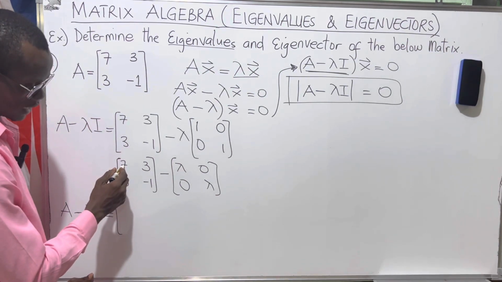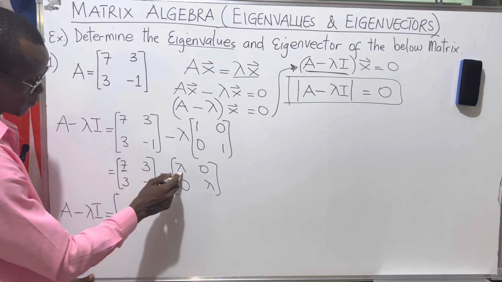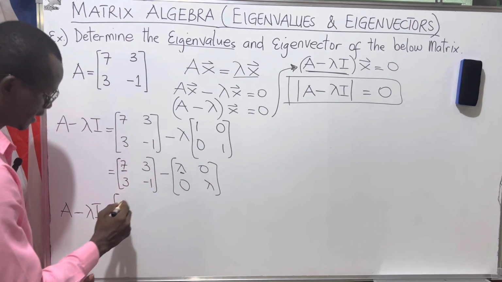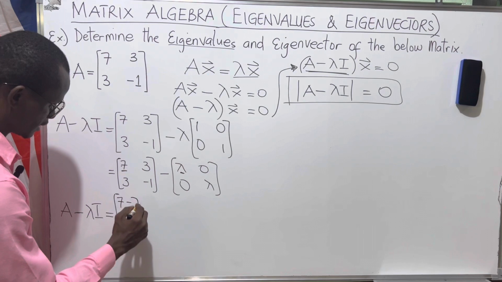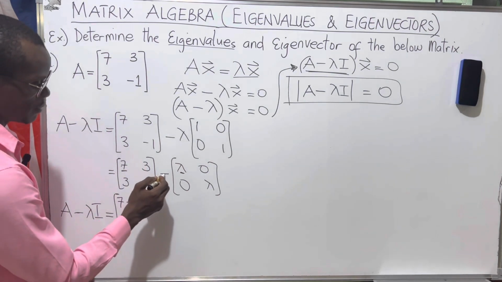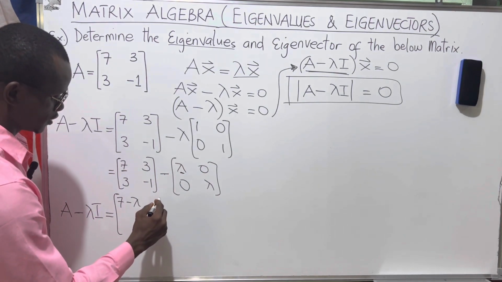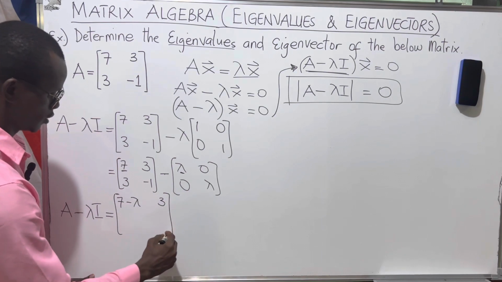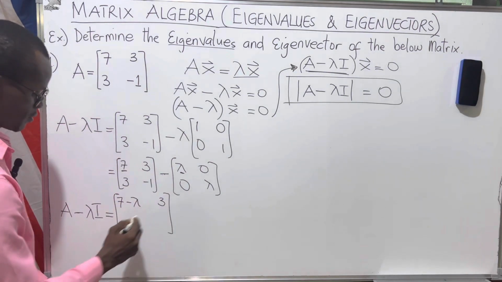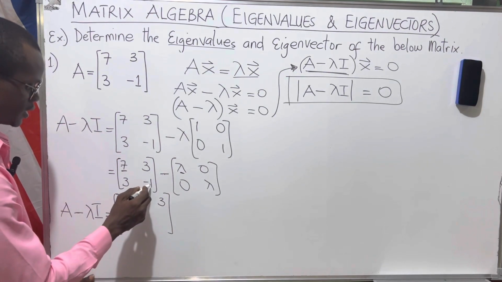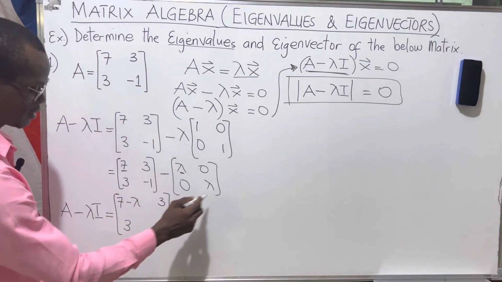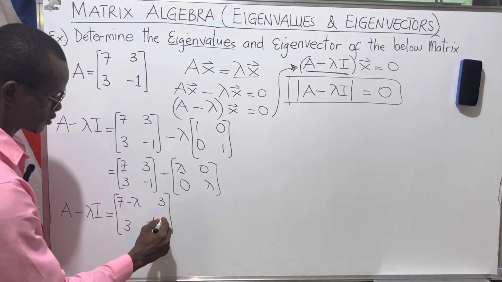Element by element, it's 7 minus lambda. 3 minus 0 is just 3. 3 minus 0 is again 3. Then minus 1 minus lambda is minus 1 minus lambda.